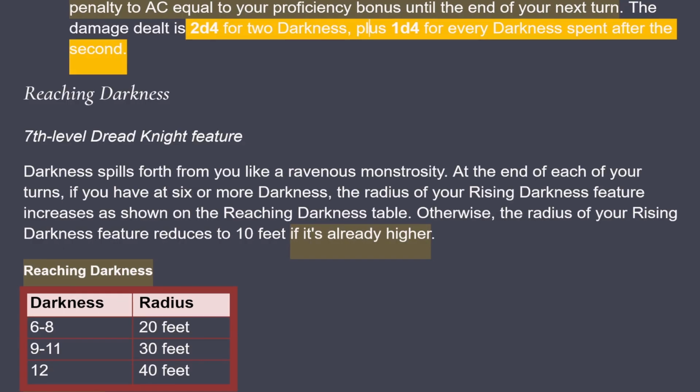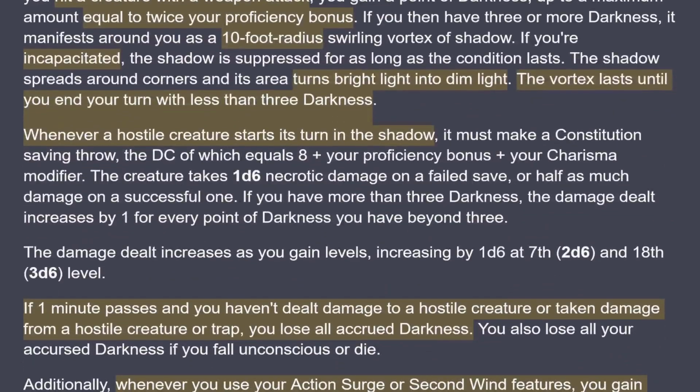You've got a 20-foot radius Rising Darkness Vortex Shadow that's doing 2d6 plus 3 damage. So even if they succeed and take half of the 2d6, we're talking 6.6 to 10 average damage every round, guaranteed to every enemy within a 20-foot radius.